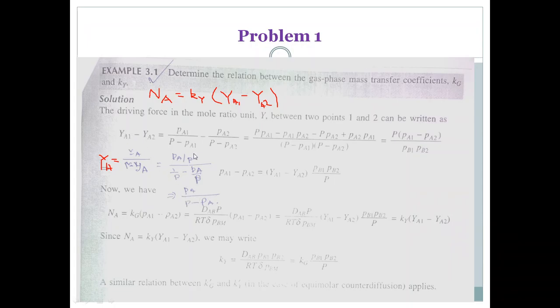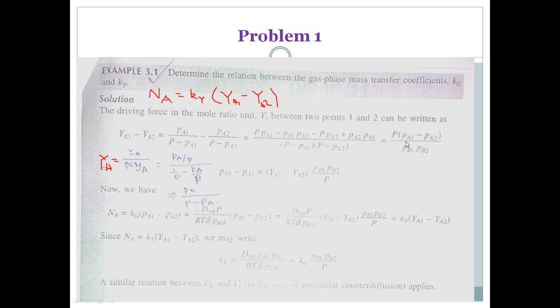So I am writing this here. For Y1 it is Pa1 by (P minus Pa1), and for Y2 it is Pa2 by (P minus Pa2), the same expression. Now if you write this out and multiply, we get P into Pa1 minus P times Pa2, and the cross terms will cancel out.